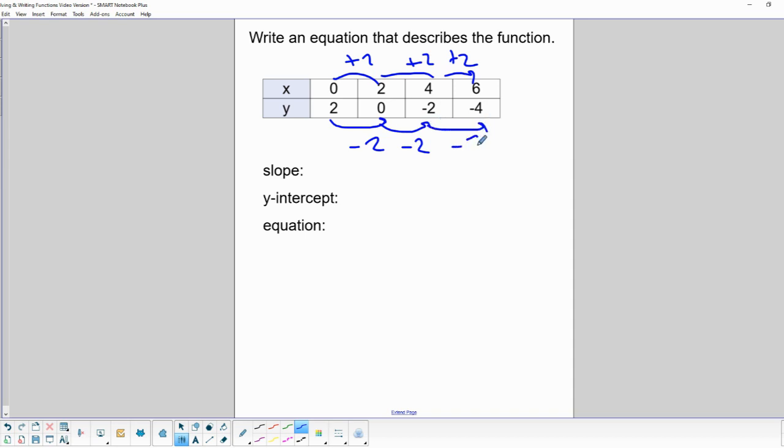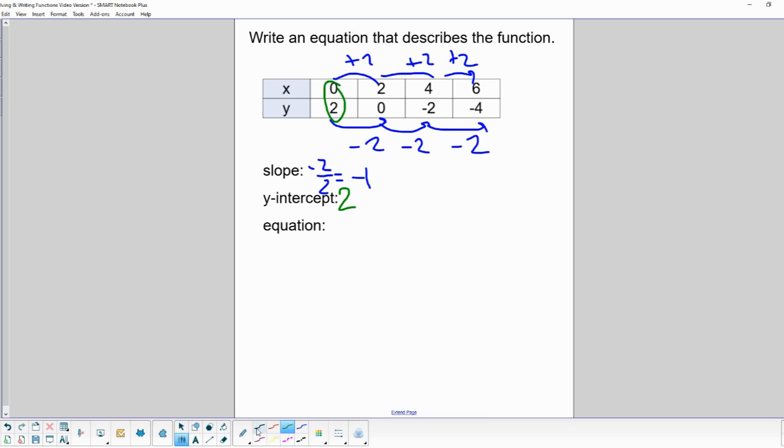So our slope then is negative 2 over 2, which simplifies to be just negative 1. And then our y-intercept is where the x value is 0, the y value at that point is 2.